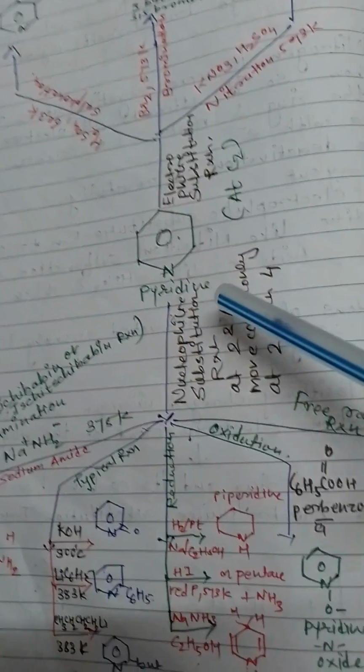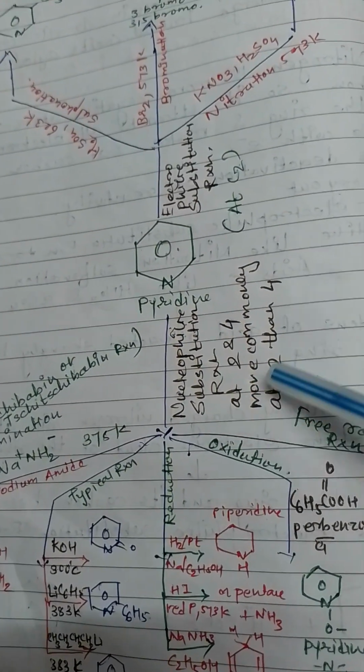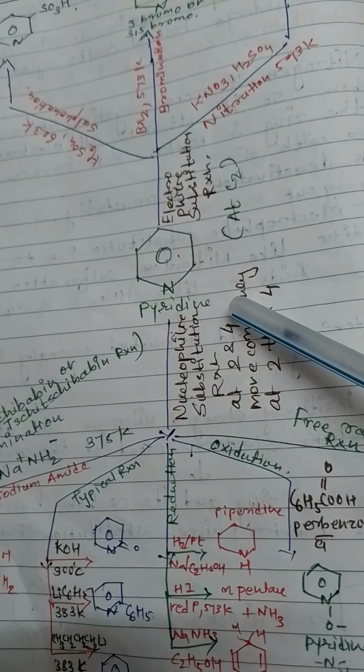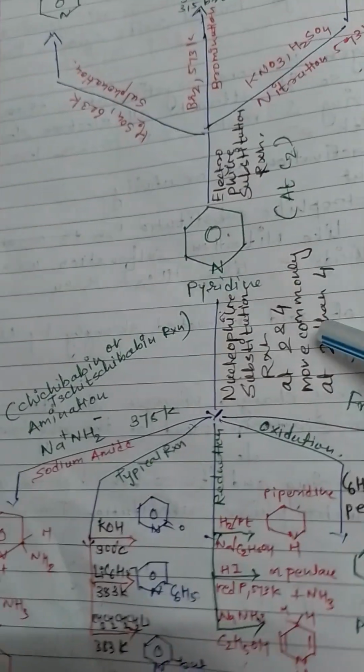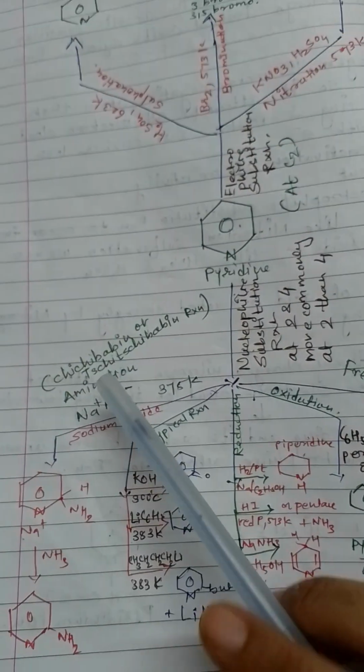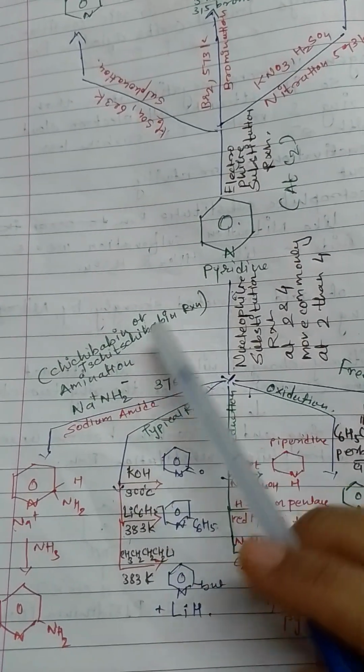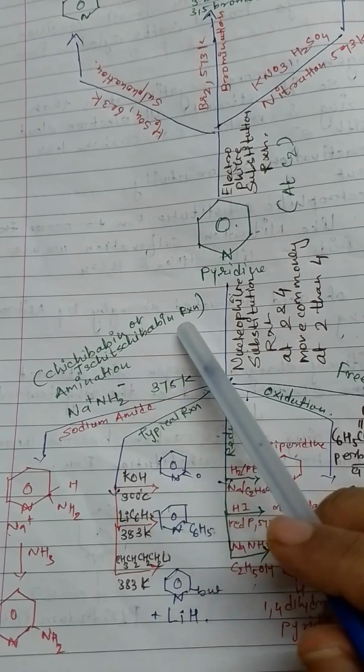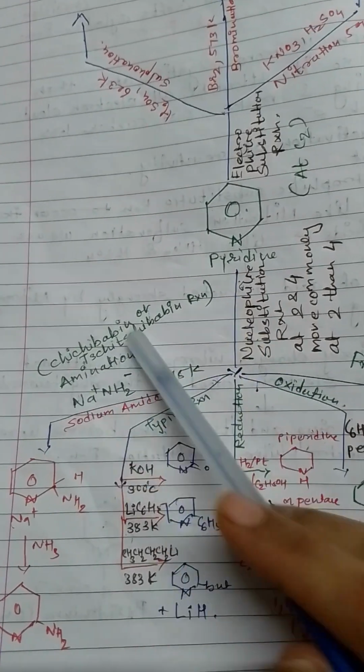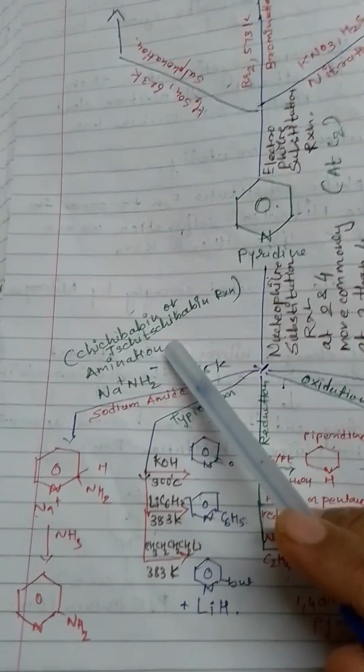Pyridine also undergoes nucleophilic substitution reaction at the second and fourth positions, but more commonly at the second position. One important reaction is the Chichibabin reaction. It is amination of the ring.